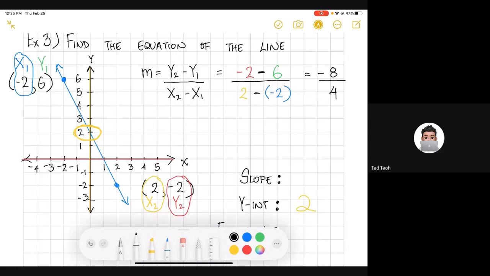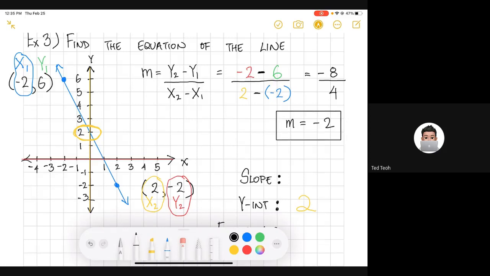All right, now all I got to do on the calculator is try to divide it. If it's a whole number, I write that answer out. If it's a fraction, I just leave it as a fraction. All right, so in this question, it's -8 divided by 4, which gives me -2. And that is the answer of my slope.